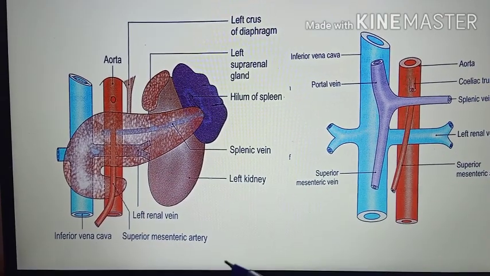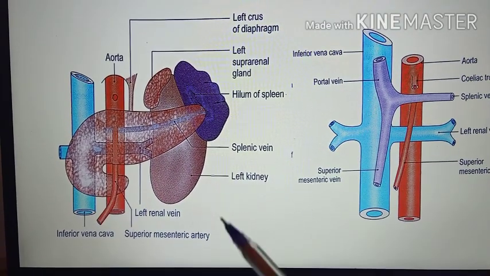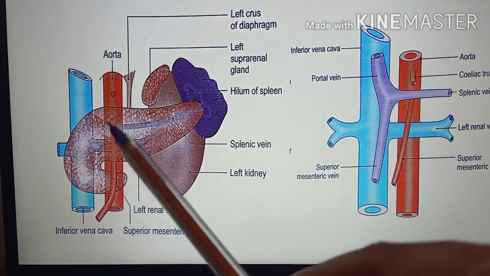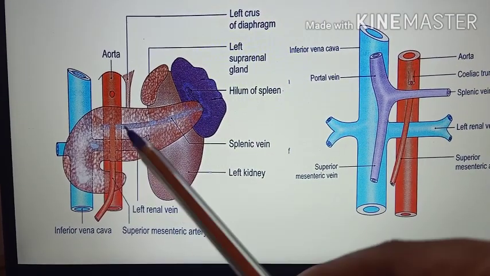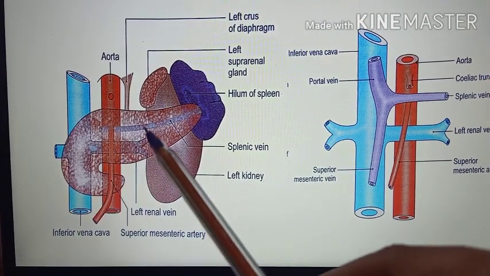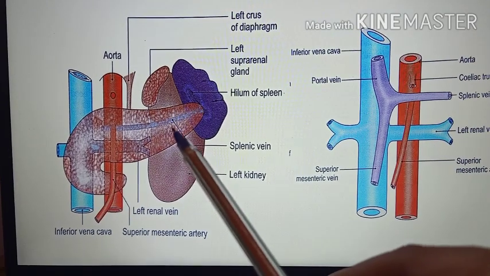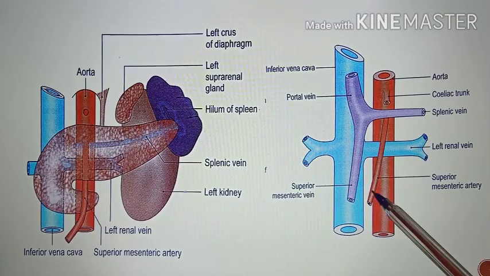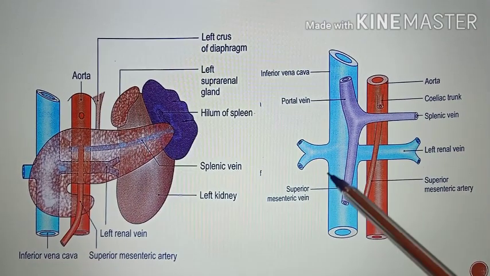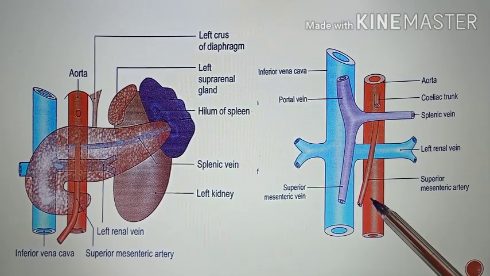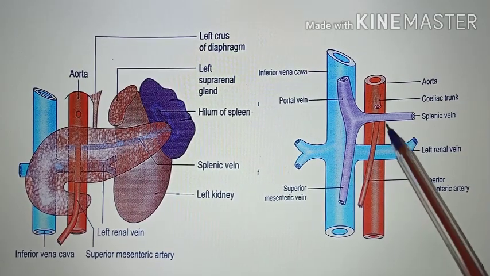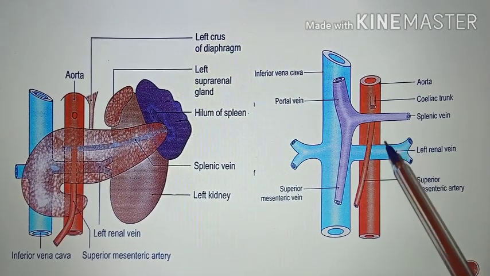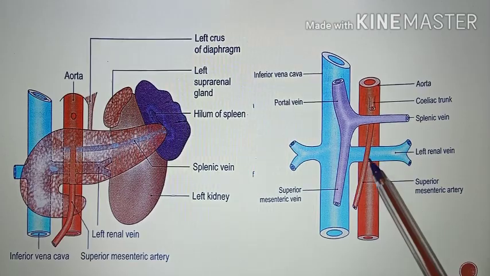Apart from that, other anterior relations you see here are the body of the pancreas, the splenic vein, then the left renal vein. In this picture you can clearly see the inferior vena cava and the abdominal aorta, and the other anterior relations, the splenic vein and the left renal vein.